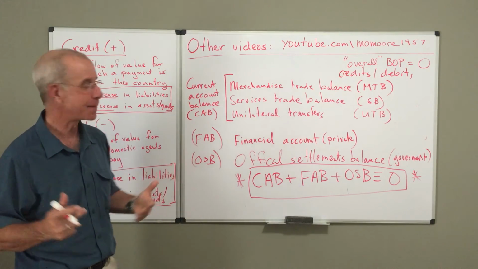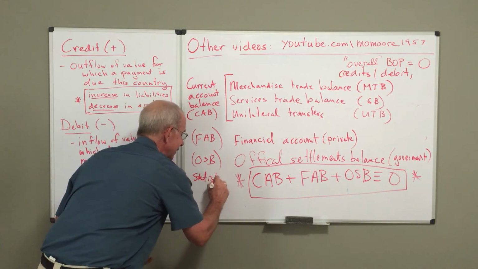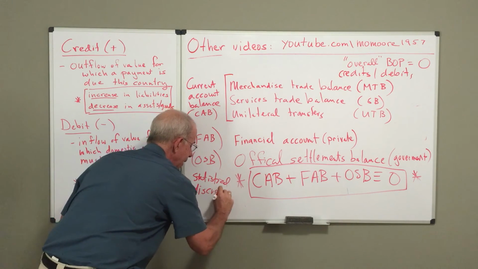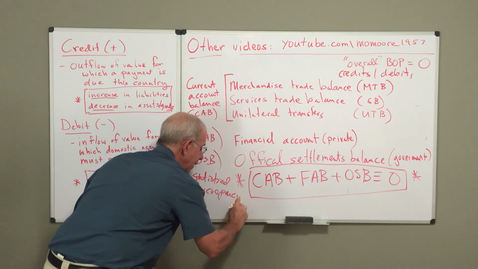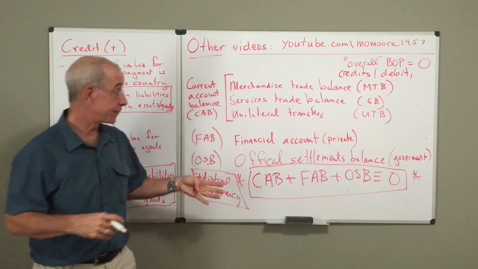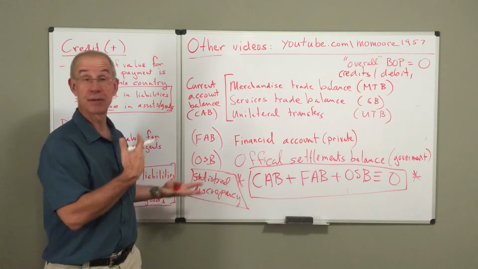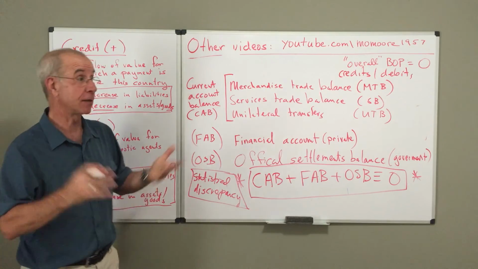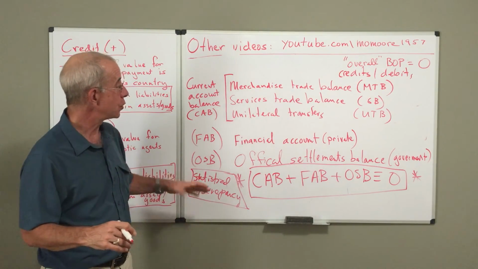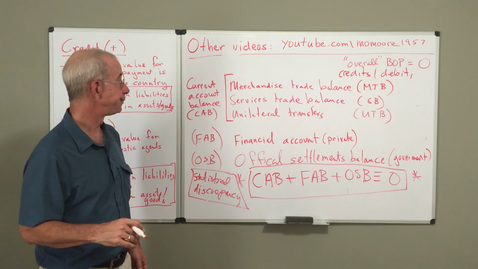And if they don't, then there's a thing called the statistical discrepancy, which I'm not going to go into in any great detail, but if this doesn't add up to zero, then because of some transactions that might not take place, say for example, illegal drug trade, so and so forth, you would have this added in.